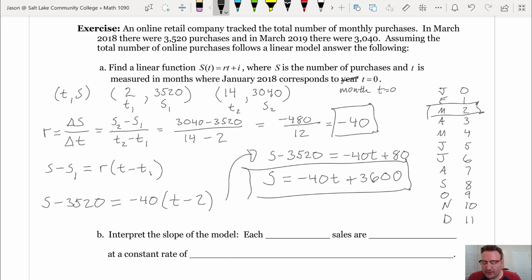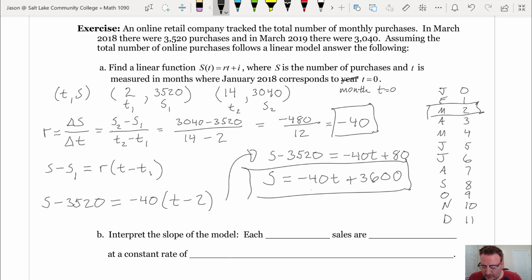So the fact that we have a negative slope seems reasonable to me. And since 3,520 is pretty close to 3,600, and we're just 3 months off, that seems reasonable to me too. The intercept.